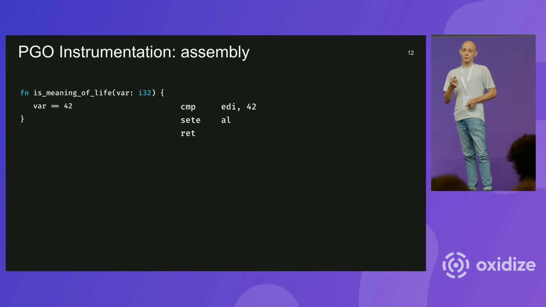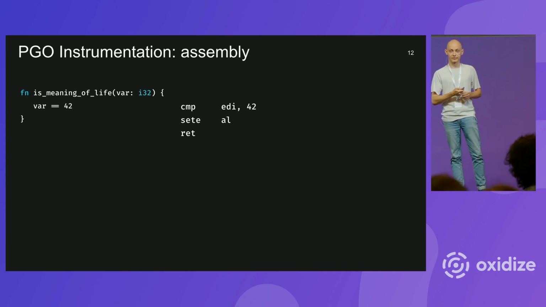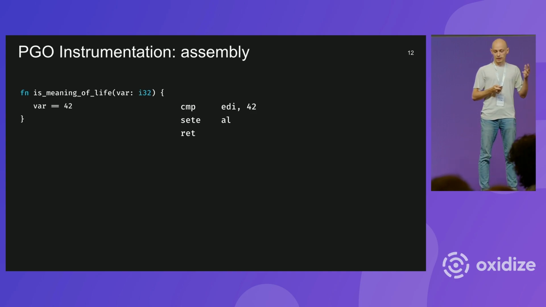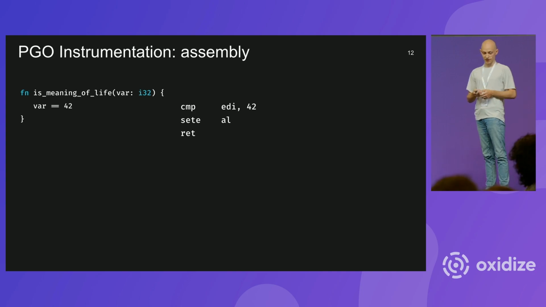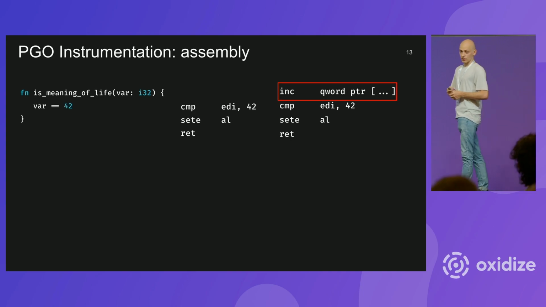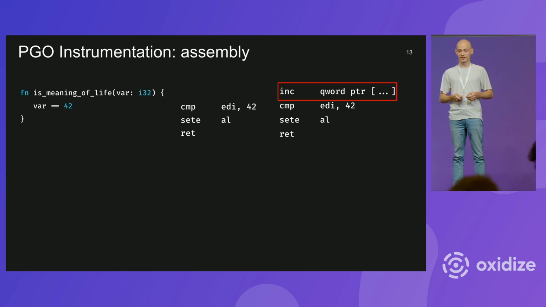What does instrumentation mean in practice? Once again, a simple function where we compare an input variable with the meaning of life, and in the middle we see release assembly for a simple opt level 3 compilation mode. On the right side, we also compile our function in the release mode, but with instrumentation enabled.